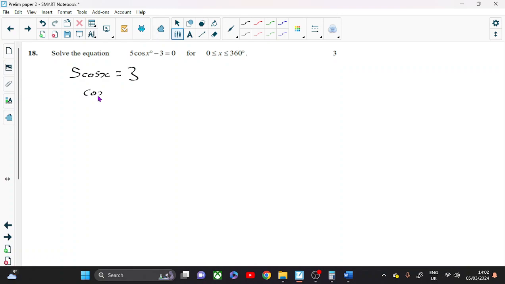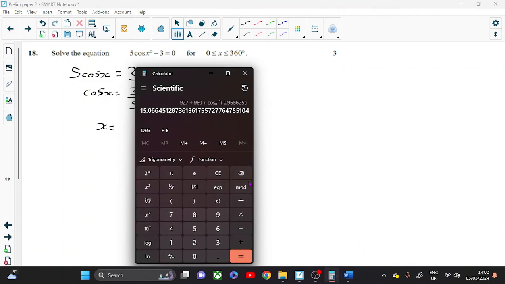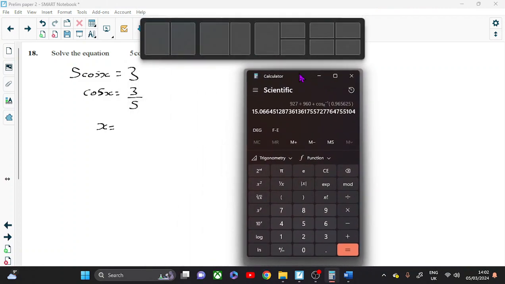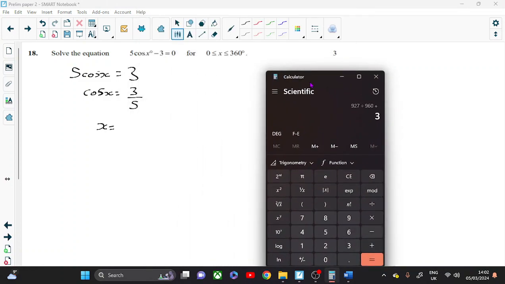So cos x is 3 divided by 5, so x is 3 divided by 5, and I want the inverse cos.